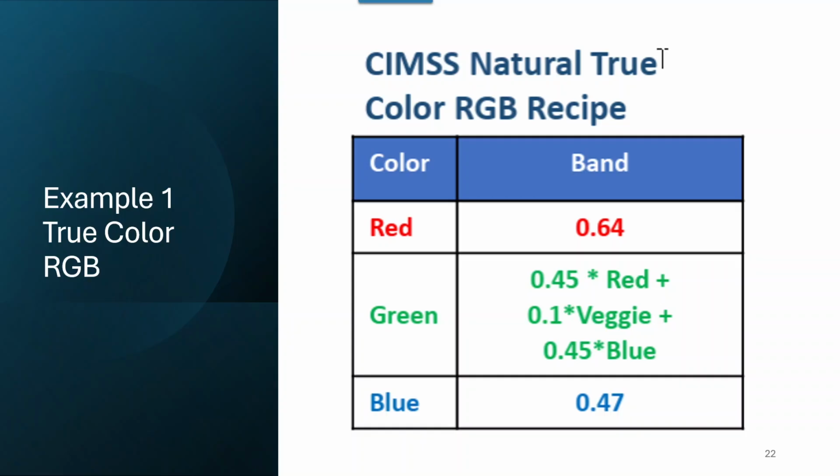And so by doing this formula here, 0.45 times red plus 0.1 times what is referred to as the veggie band plus 0.45 times blue, this will give us our green. Lastly, we have the blue, and what we need to do now is find which bands these particular wavelengths are.